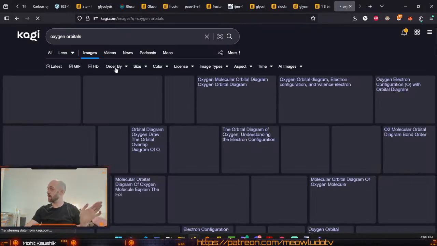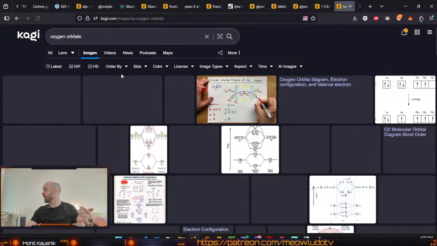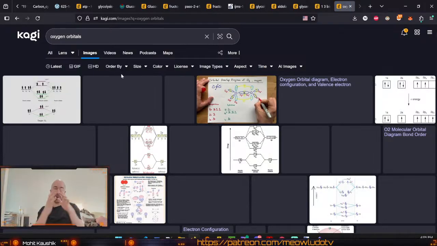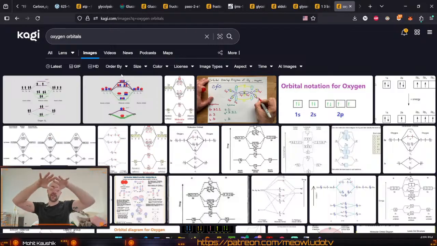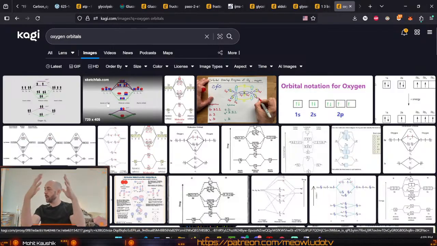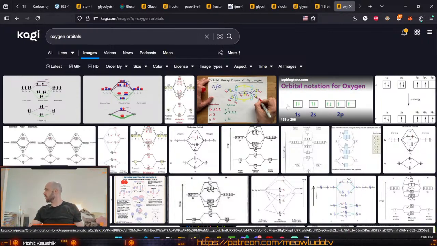Oxygen has about 6 electrons, so it has its first shell filled and almost its second shell filled. So it's got 1s, 2s, and then an almost full 2p shell.